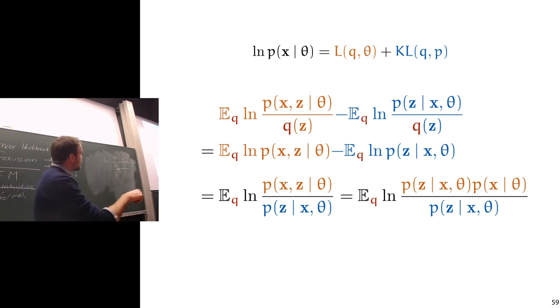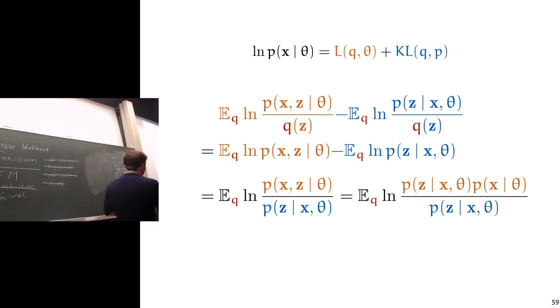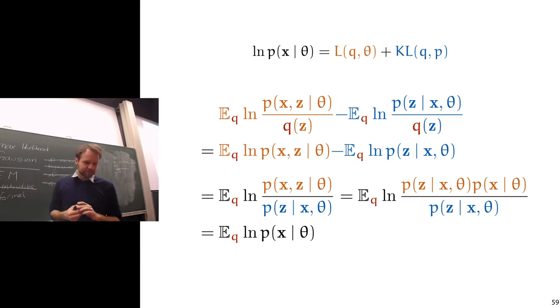And now we have two things that cancel out. So this part of the fraction cancels out against the denominator. So we are left with the expectation of the logarithm of x given theta. And this is actually a constant with respect to q.